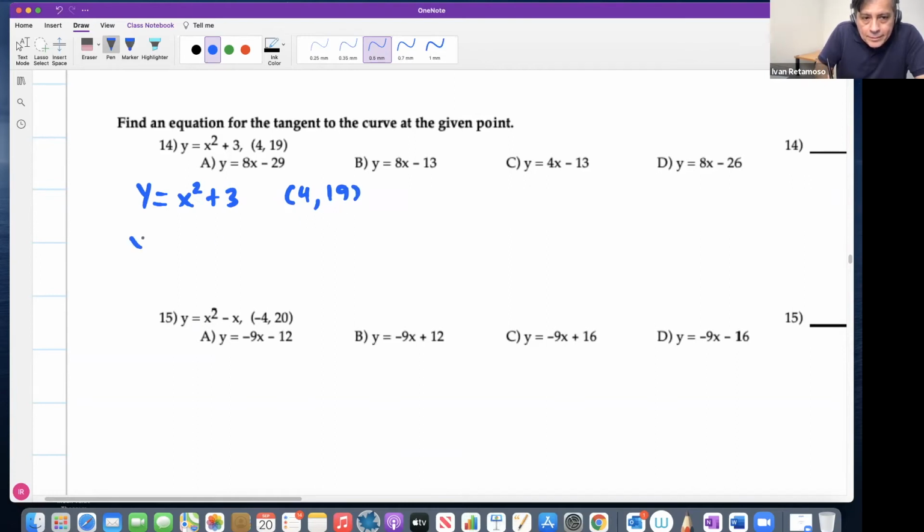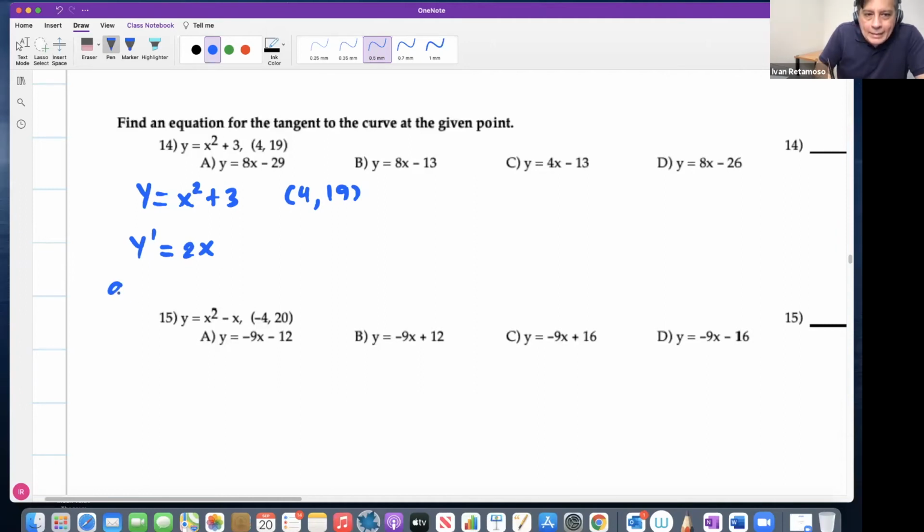So first, you compute your derivative, because we know that the derivative will give us a formula for the slope of the tangent line. But now, fortunately, we have formulas now for derivative, right? Derivative of x squared is just twice x. Derivative of 3, nothing, 0, right? 0. So I'm not going to write it. So this is my derivative.